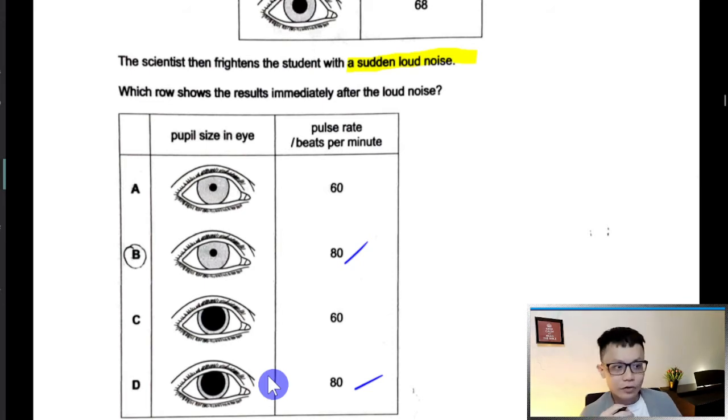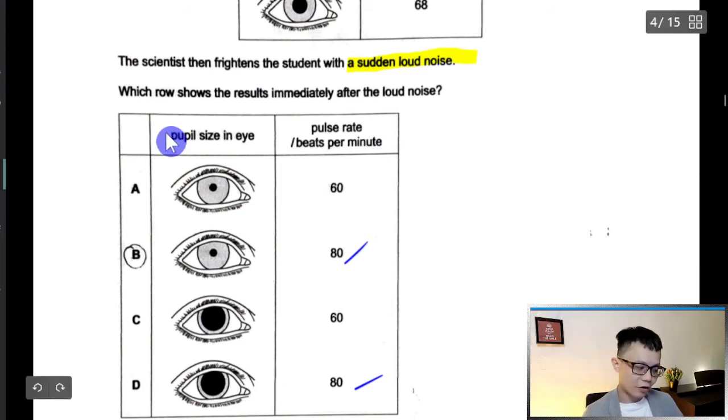So these are some human responses that we cannot control. Some things we can control, like I can tell a lie and no one will know.